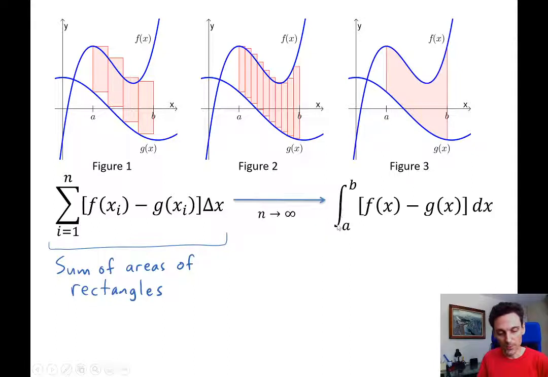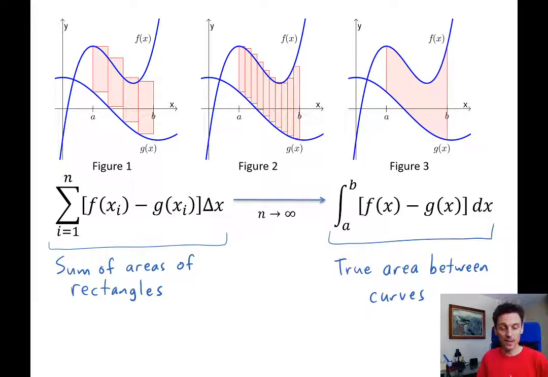So it'll be the integral from a to b, from the start to the end of the interval, of f of x minus g of x dx. So the x sub i's turn into x's, the delta x turns into dx in the limit, and this will represent the true area between these two curves.